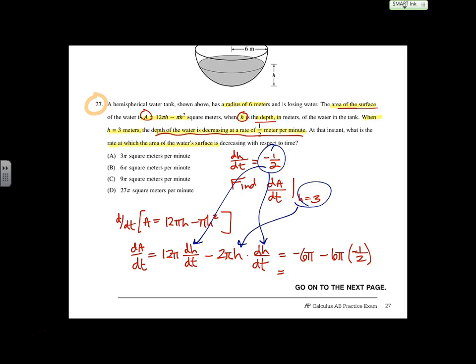Which ends up being what? Negative 6 pi plus 3 pi? Oh, it says decreasing. So if it says decreasing, do I need to put the negative for my rate? No. Decreasing is the negative. So I could say it's decreasing at a rate of 3 pi. That's what the negative symbol is.